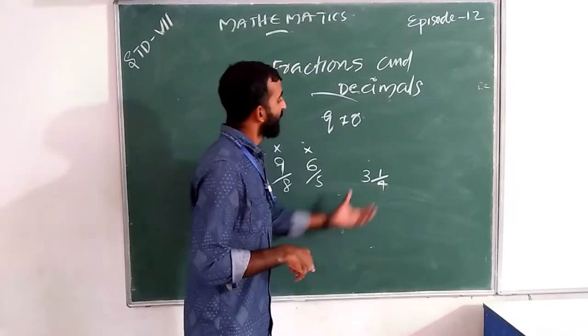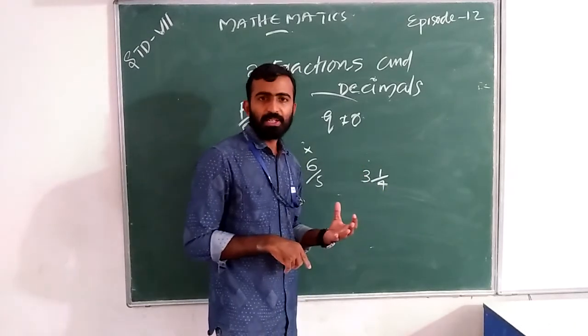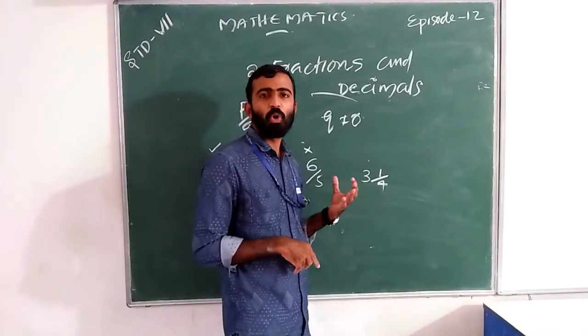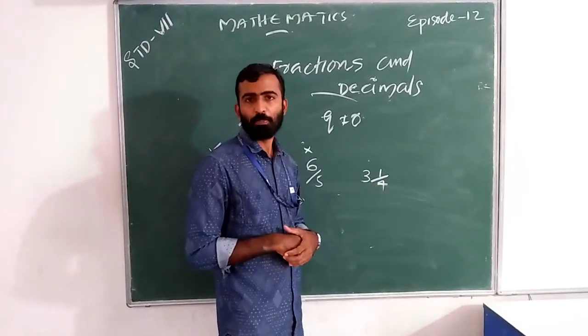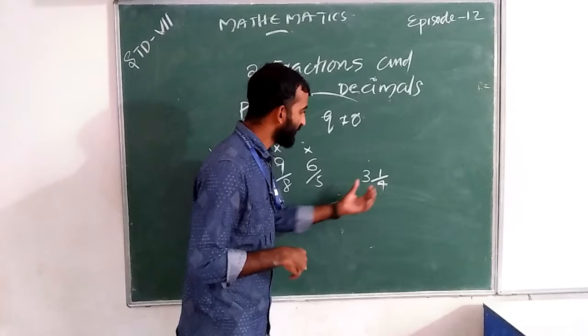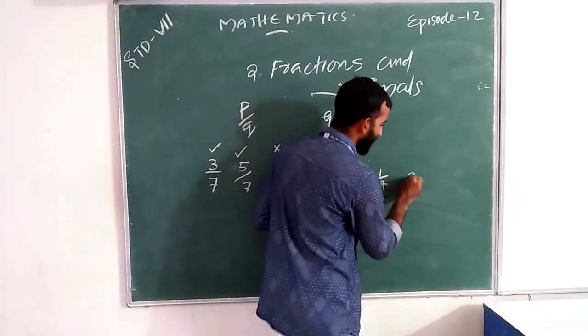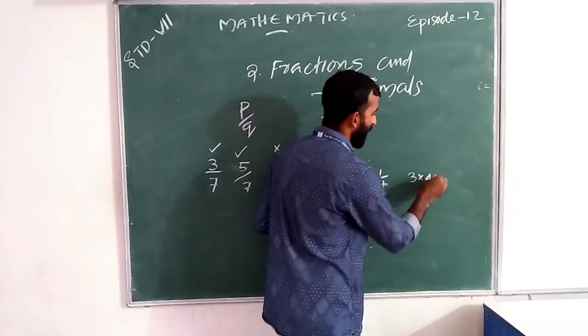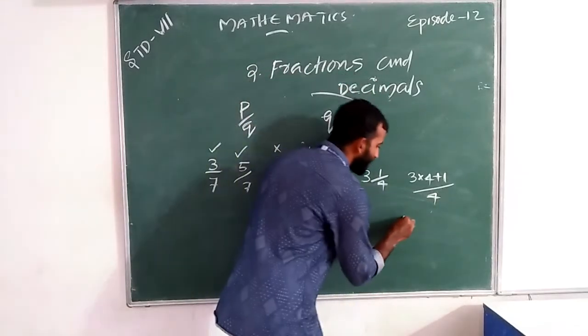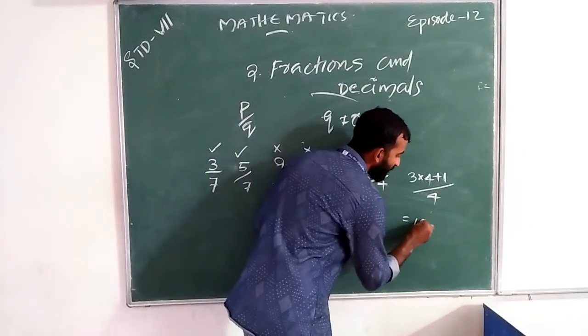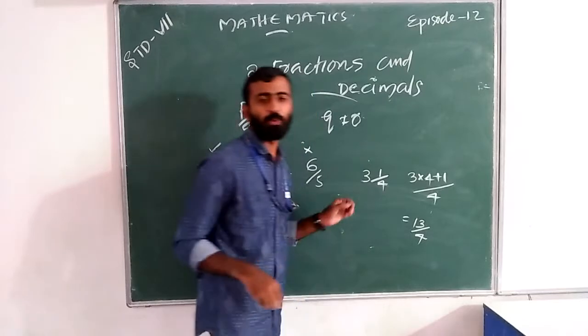Mixed fraction means the combination of a whole number and a proper fraction. We can write this as 3 into 4 plus 1, whole divided by 4. That is, we get 13 by 4.